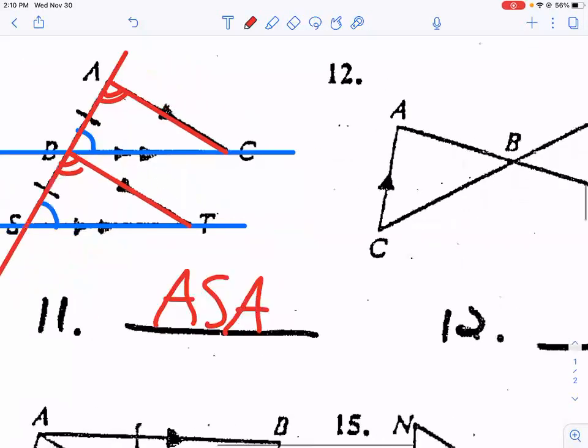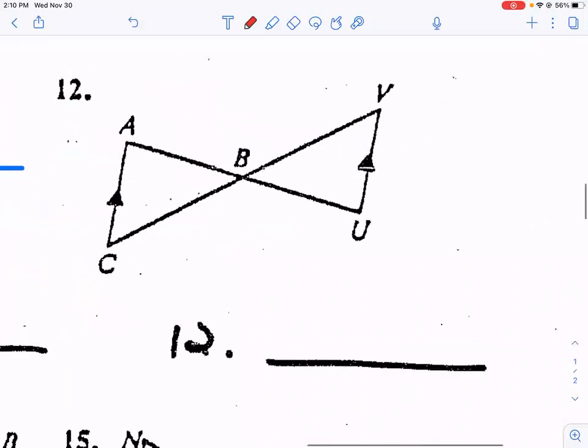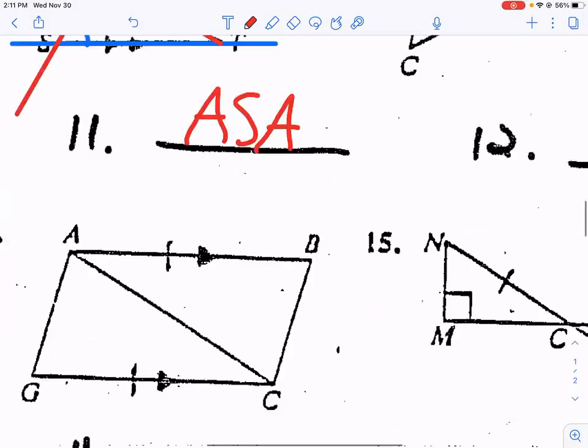Cohen, is number 12 congruent? Not enough info. Okay, we have no info about the sides. We only have info about angles. If we had 3 angles, then they could be different sizes of triangles. So we know that they're similar, but we don't know if they're congruent.